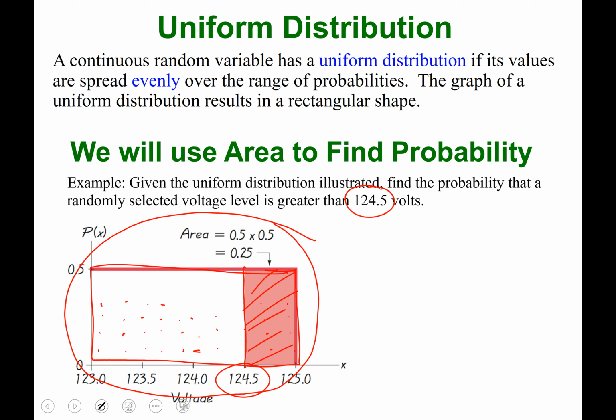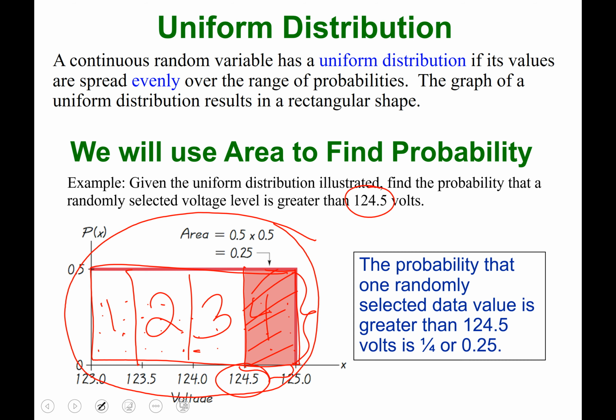So we can find that area by doing base, which is 0.5, times height, which is 0.5, giving us an area of 0.25. This is also a great example because we can divide it into 4 equal parts, and we can see that the area shaded is 1/4 of the total area, and therefore the probability would be 1/4 or 0.25.